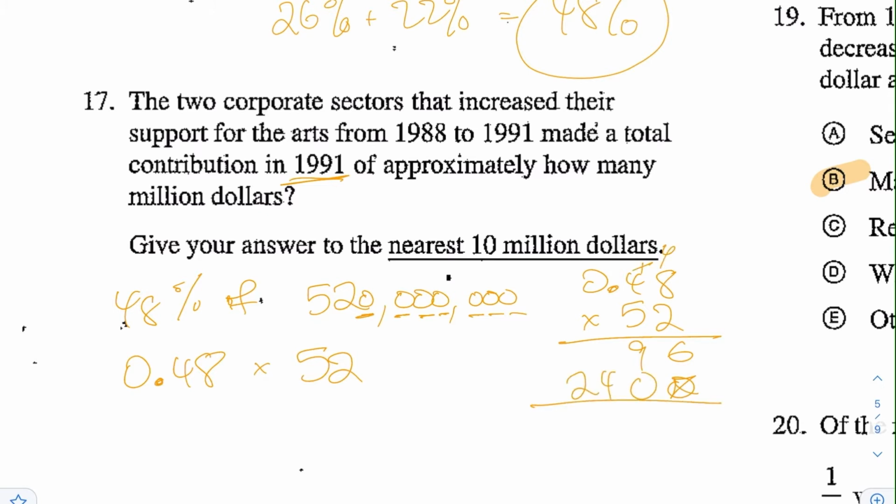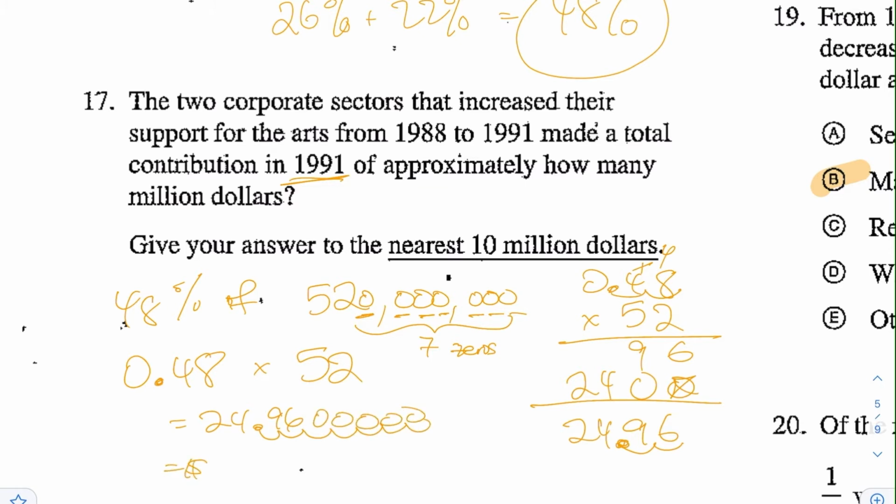Okay, so this will give you 2496, but then you have to put the 2 decimal places from 24.96. But again, you have to move the decimal 7 places to the right because there are 7 zeros. 1, 2, 3, 4, 5, 6, 7.